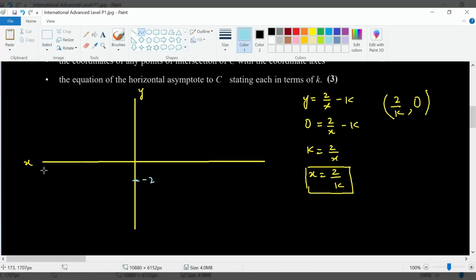So your graph is going to be something like this, and the other one is something like this.